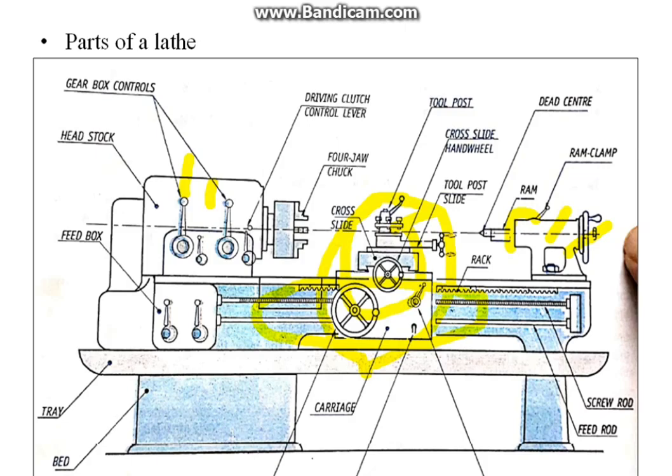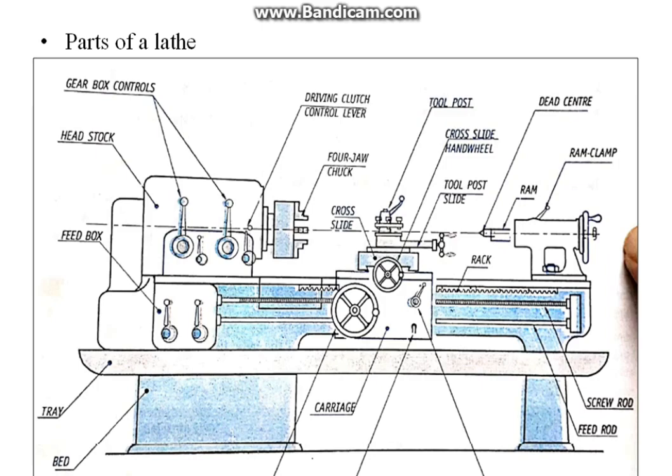Second property is it should be wear resistant material. Third one, it should absorb vibration during machining operation. Hence, the bed is made up of an alloy of cast iron.